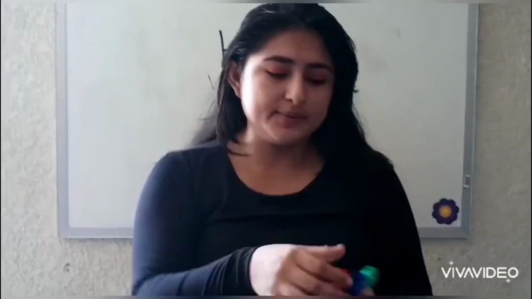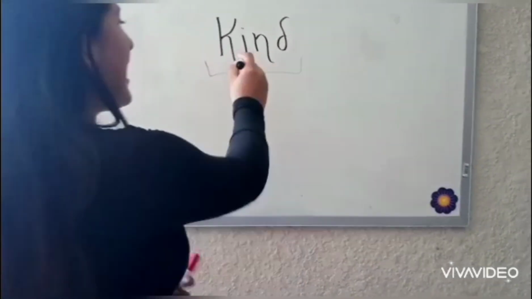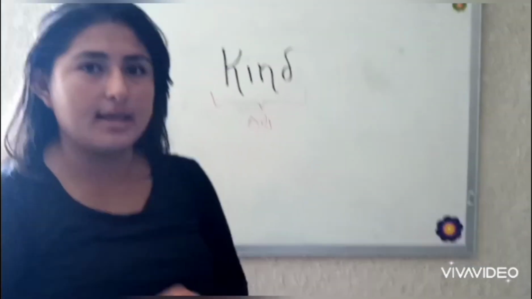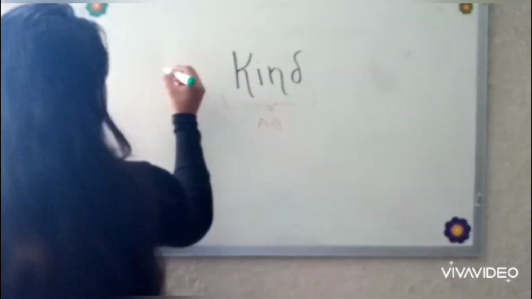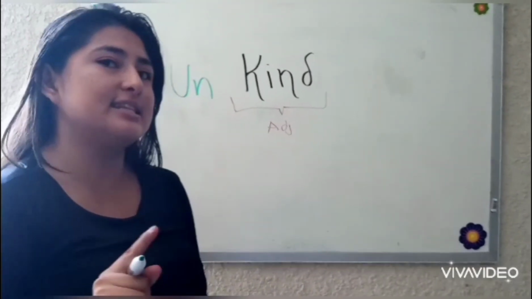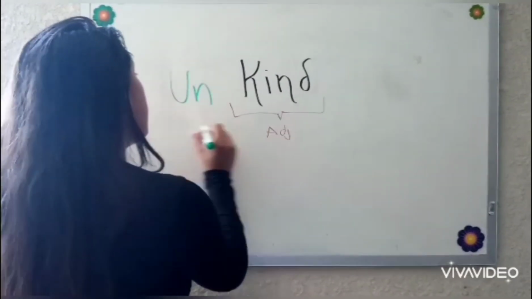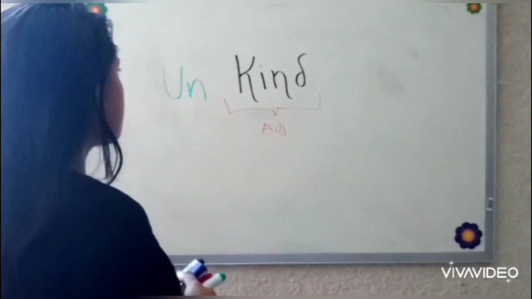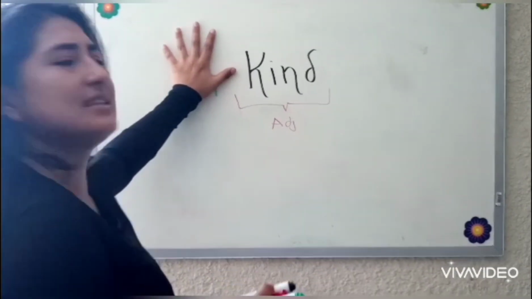Well, now that we know that, I am going to explain this. Kind at the beginning is an adjective, but if we add to it the prefix un, unkind is still an adjective, but it's a negative adjective, the opposite of kind. Well, let's do it as if it doesn't exist.